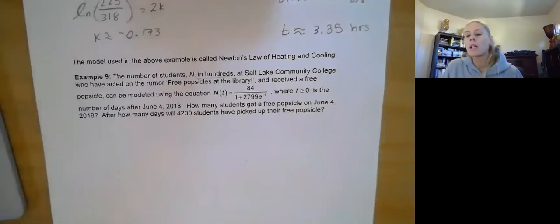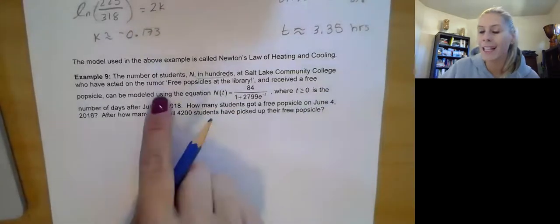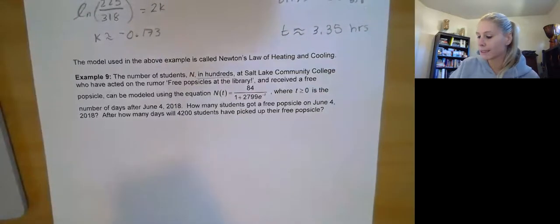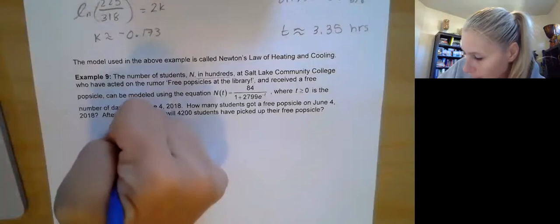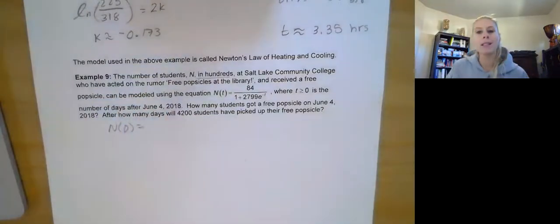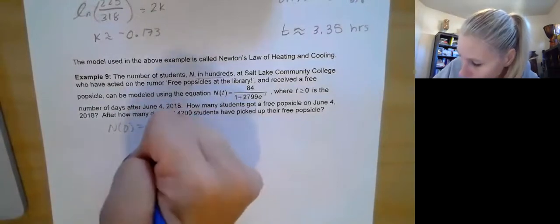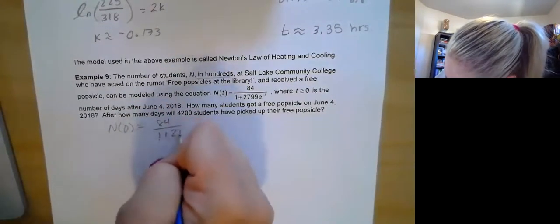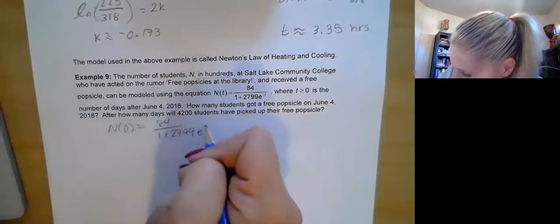Okay, so in other words, what we are solving for is June 4th. Well, June 4th is the initial day. So what we are going to do is substitute in 0 for t, to find out how many people on the initial day came in. So we have 84 all over 1 plus 2,799 e to the negative 0.